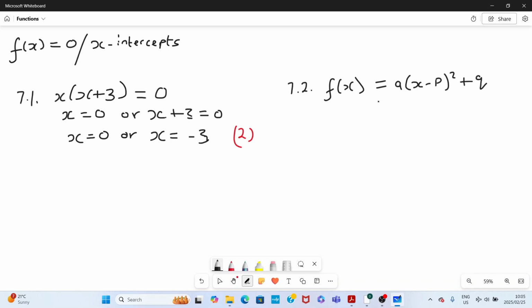Some books might use different letters. So you'd have your a, your q, and your p. The reason I prefer to do it this way is because from here, you are able to see that the turning point will always be given by your p and q. You'll notice that the p will have the opposite sign here.